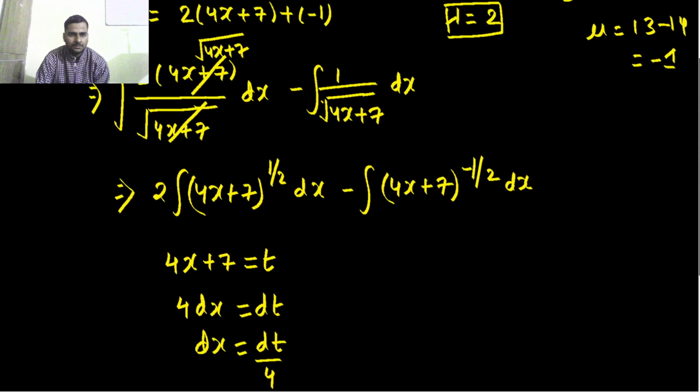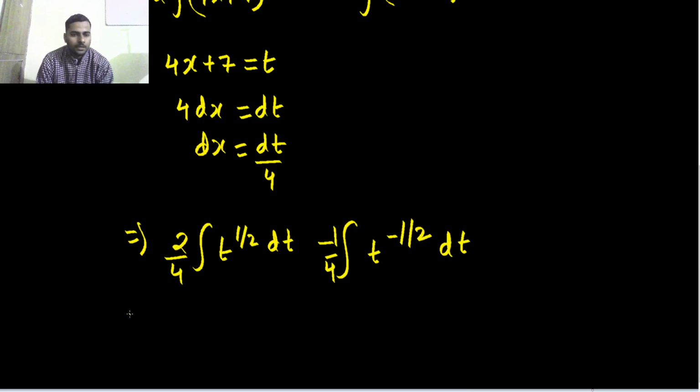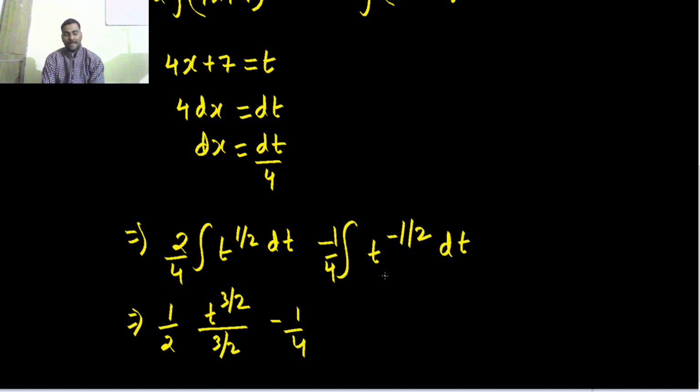Now 2 by 4 is half. The integration of t power half is t power half plus 1, which is t power 3 by 2, divided by 3 by 2, which can come up as 2 by 3 in the next step, minus 1 by 4, minus half plus 1 is positive half, divided by the positive half.